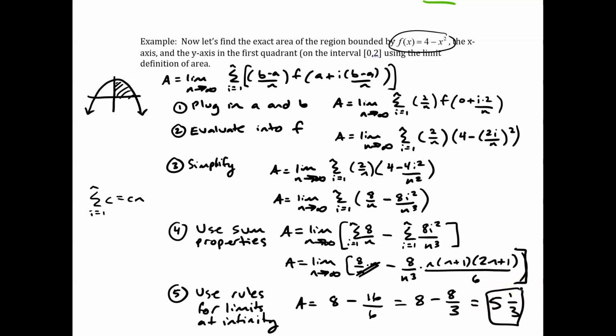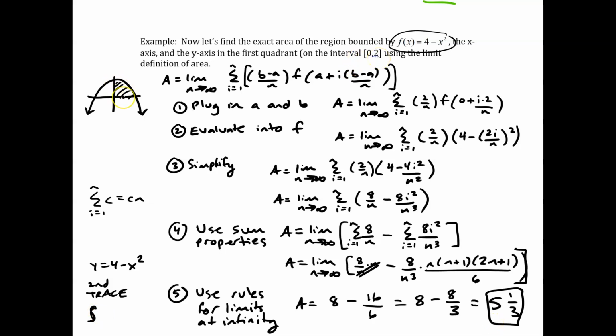Now, in the next section I'm going to show you how you can plug this into the calculator and get that exact area. You would plug y equals 4 minus x squared into your function. You would press second trace to go into that calc menu, and there should be a symbol involving the integral, and then you could put in your lower bound and your upper bound, which in this case is 0 and 2, and it's going to give you 5 1/3.